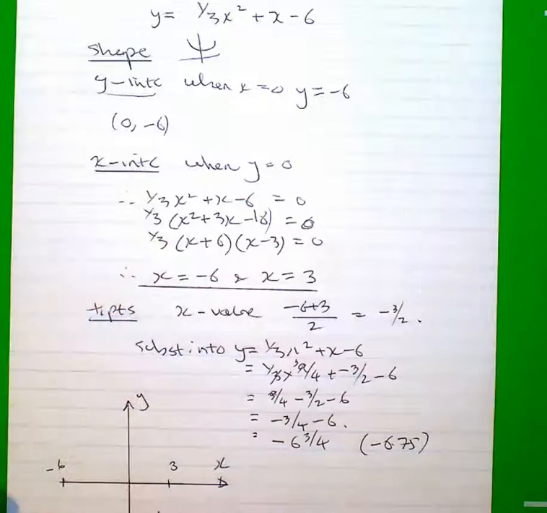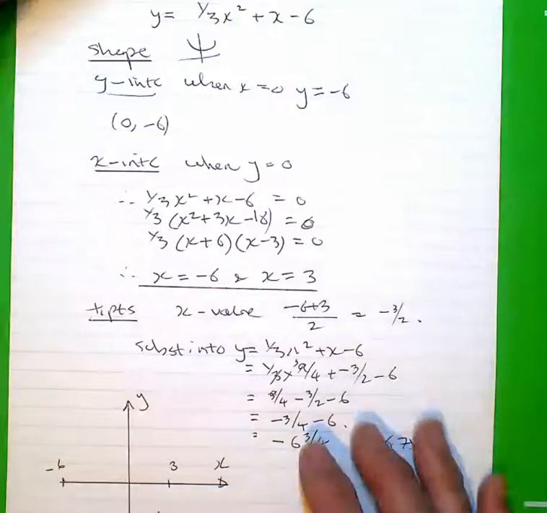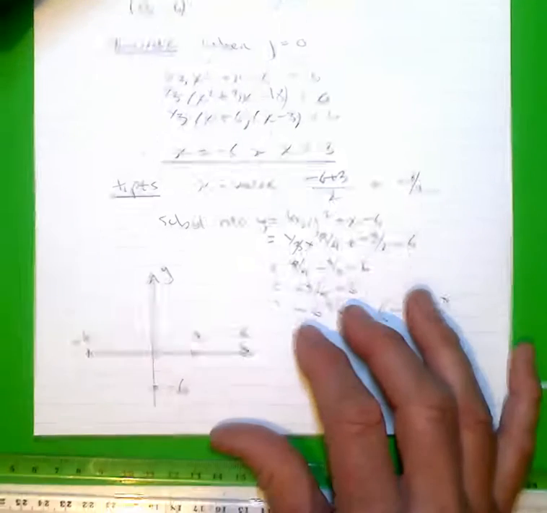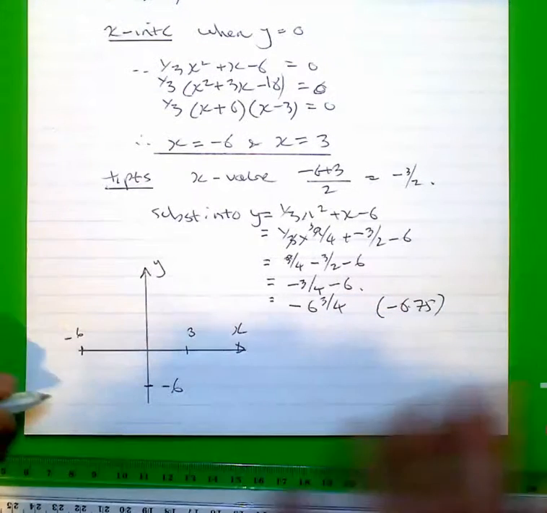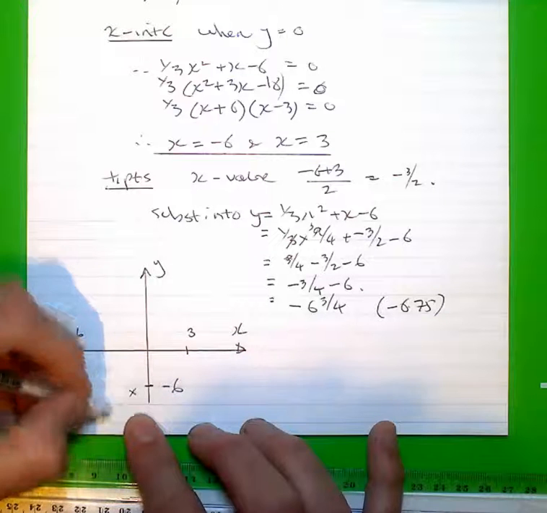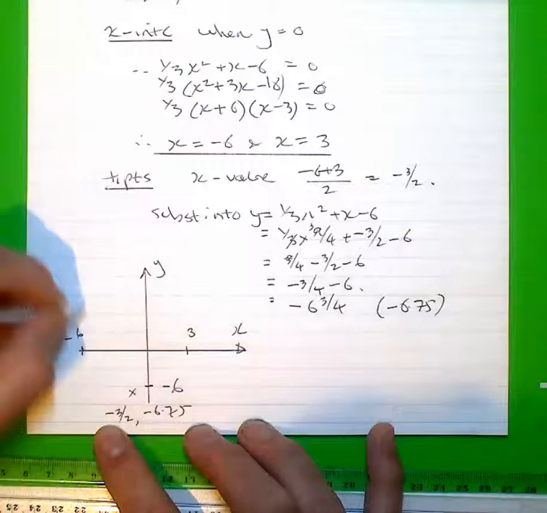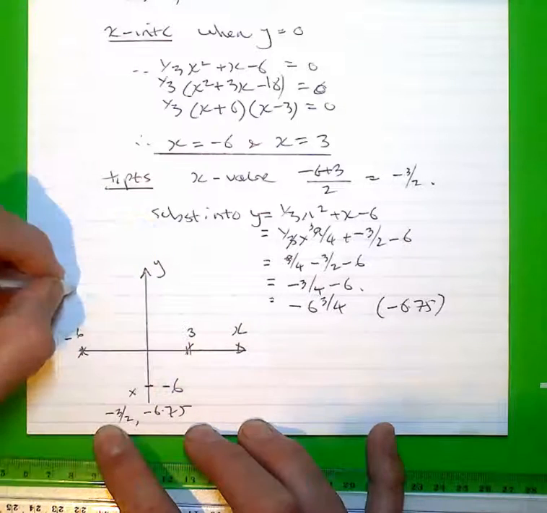I get to label the x-axis, and just move that up so you can see. And the turning point -3 over 2. We can then sketch the graph fully.